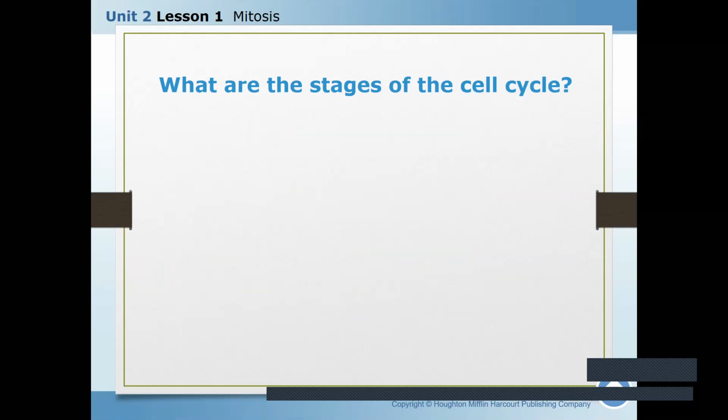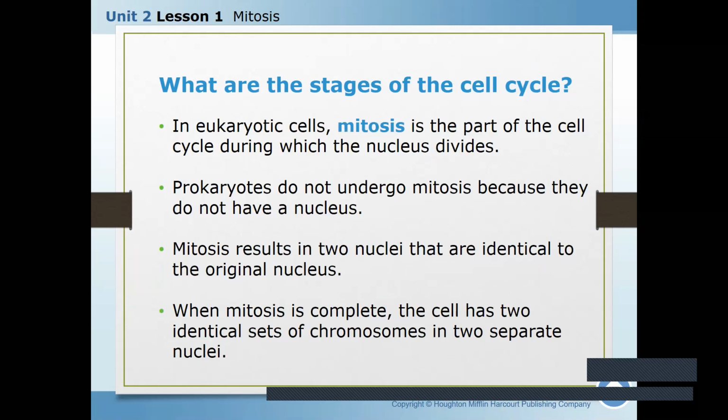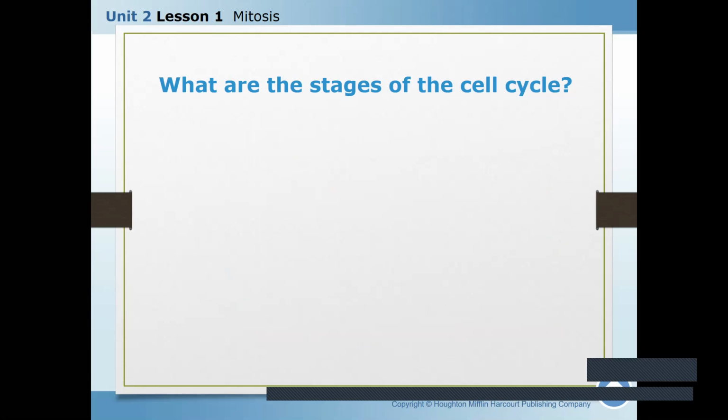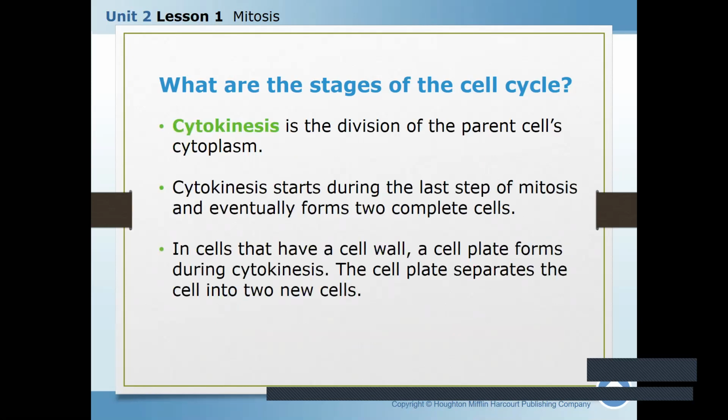In mitosis, did you understand everything? Do you know the stages of mitosis? It's not written here, but PMAT. Yes. What happens in cytokinesis? In cytokinesis, the cytoplasm of the parent cell divides. It starts during the last step of mitosis.